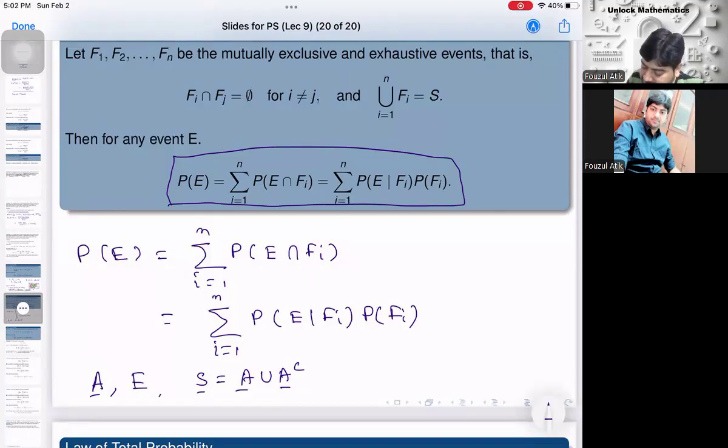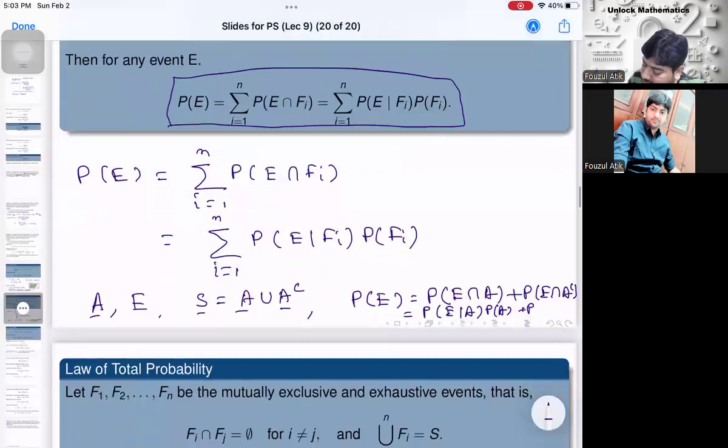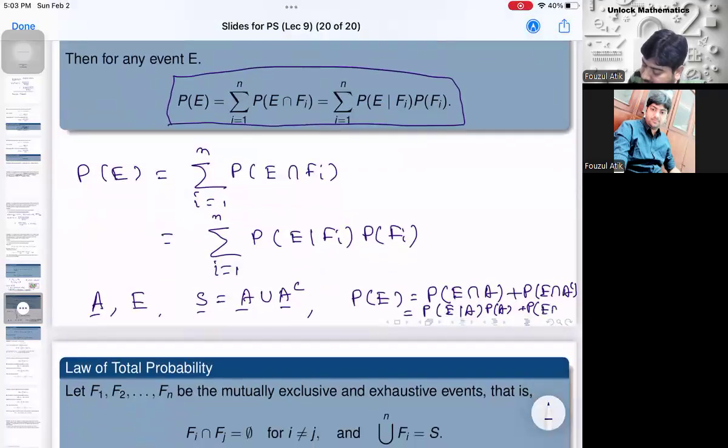If I apply this, I get the probability of any event E equal to P of E intersection A plus P of E intersection A complement, which is given by P of E given A into P of A plus P of E given A complement into P of A complement.